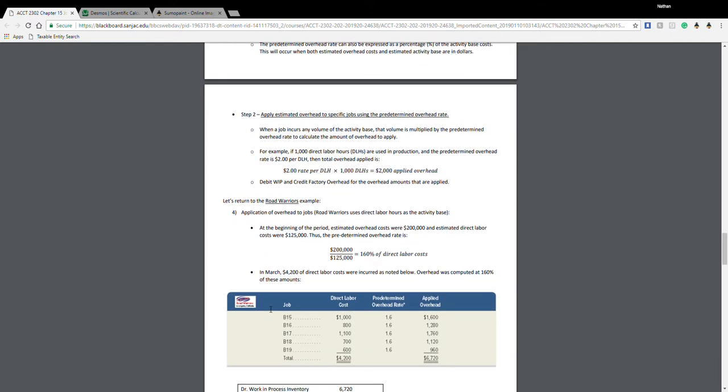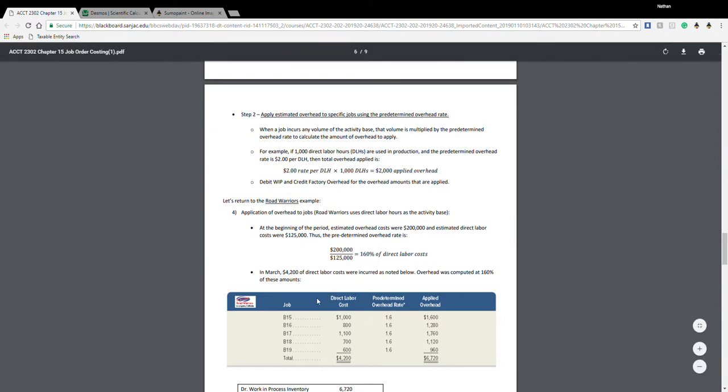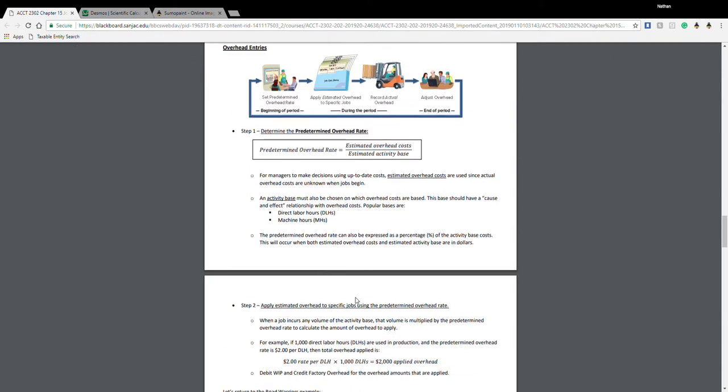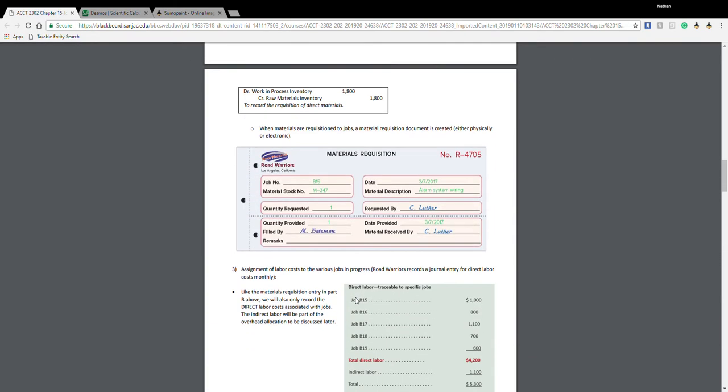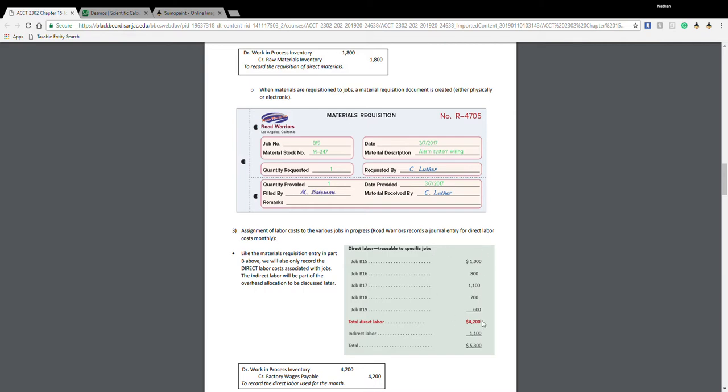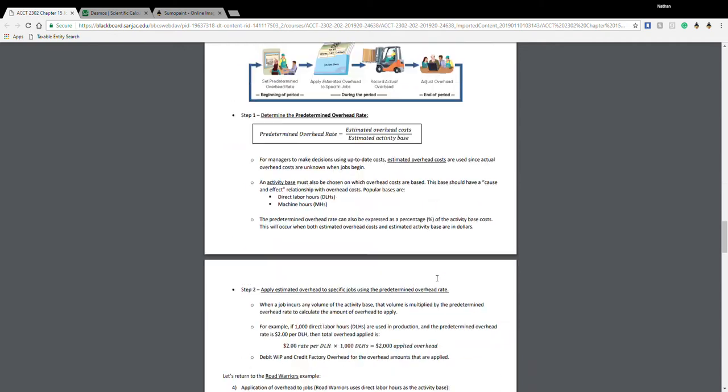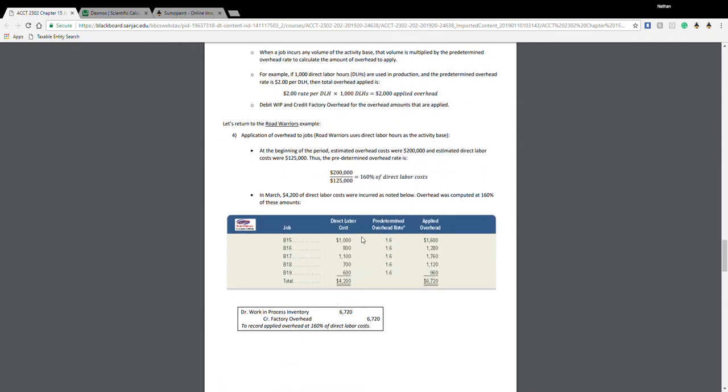In March, 4,200 of direct labor costs were incurred and noted below. Overhead was computed using the 160%. Now, right here, we took our direct labor cost. Again, we can find those right here. This is where we actually trace direct labor to each job. So with that, we took these and basically multiplied by 1.6 for each job.